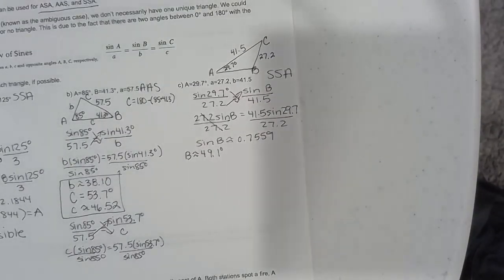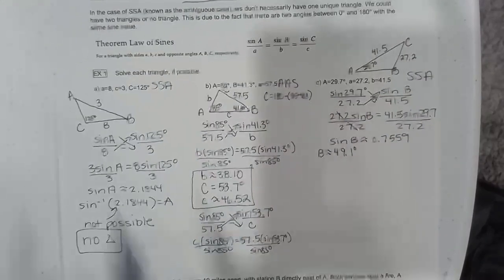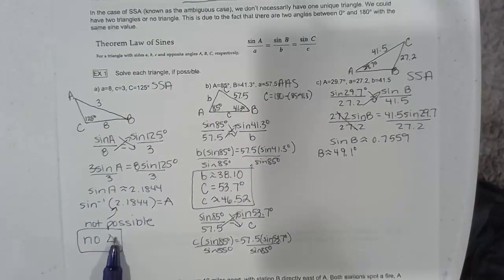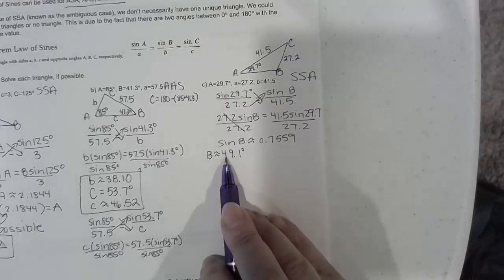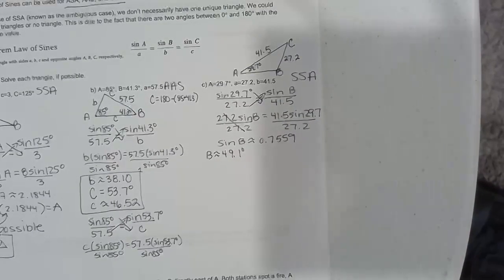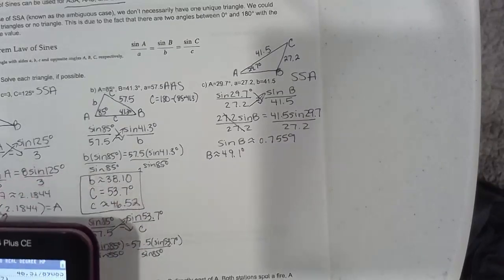Okay, so here is where we have to be on the lookout for the ambiguous case. So if you get an answer, now in A with the side angle, we got not possible, we got an error. So I don't obviously need to do it when that happens. But if I get an answer for the angle that I solved for first, what I need to do next is I need to subtract that value that I just got for the angle from 180 degrees.